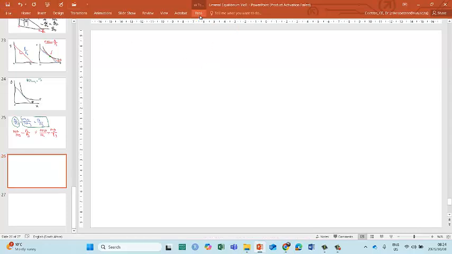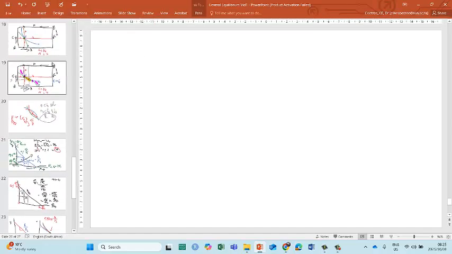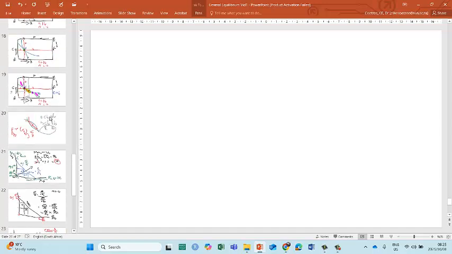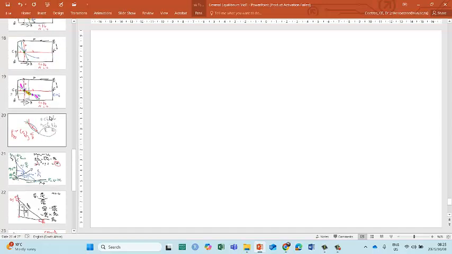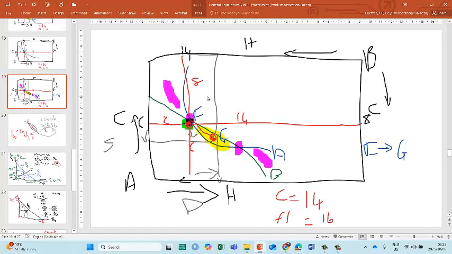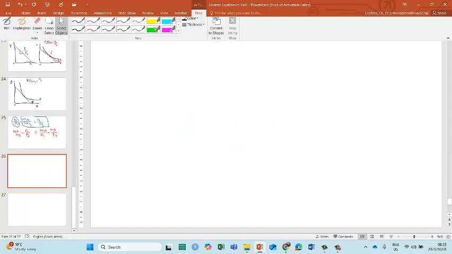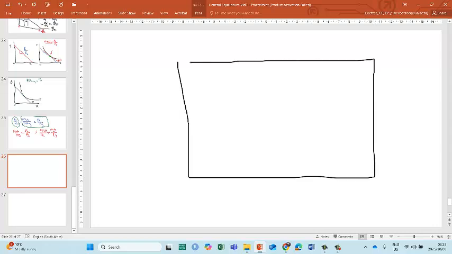Okay, so that's important because let's draw our Edgeworth box diagram. Let's see if we can copy it. No, it's too busy already, so let's rather do a new one. There we go.